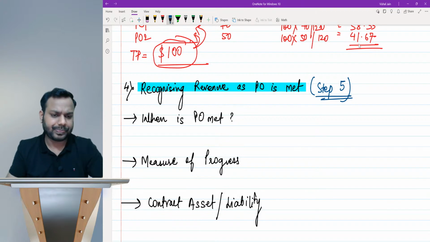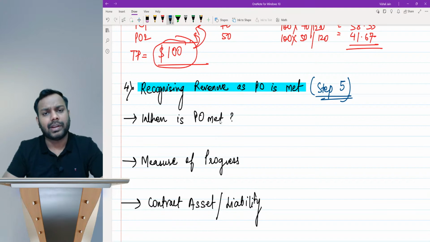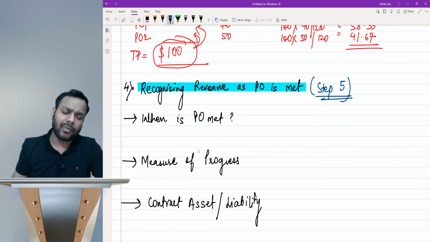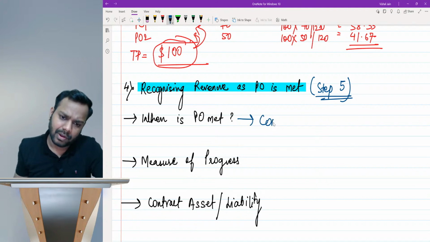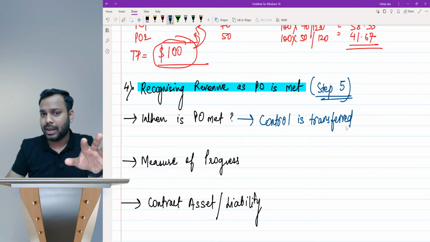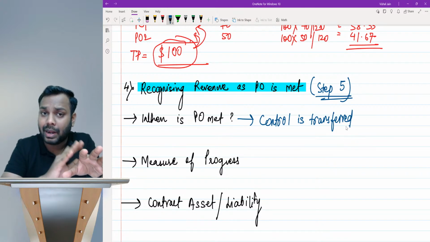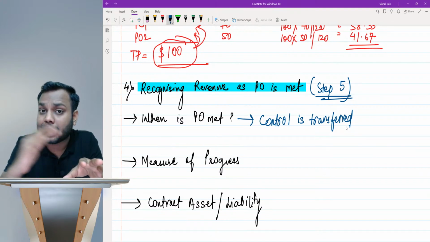Now coming back to our topic, when is a performance obligation met? A performance obligation is met when the control is transferred. Let's suppose the entity has a laptop. When is the laptop deemed to be transferred? When the control of the laptop transfers from the entity to the customer, right?